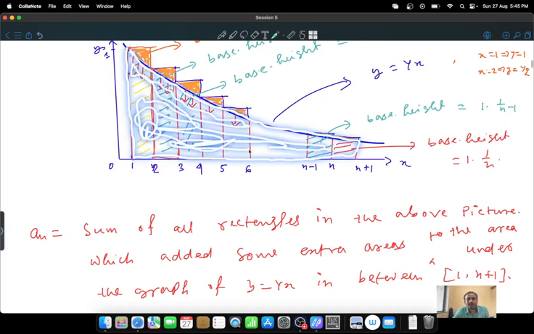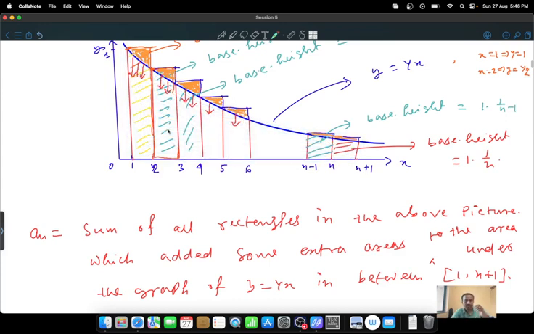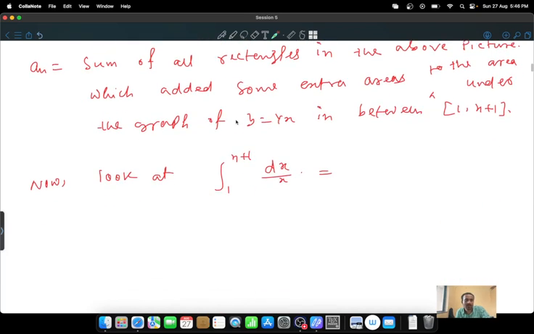That is the integration, the area under the graph, right? And you have added some extra amount to the number a n.